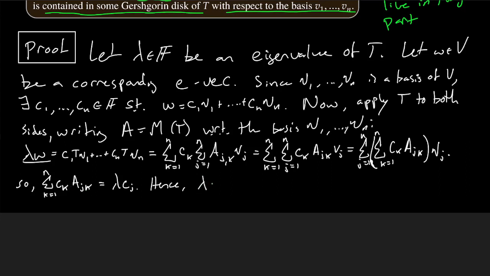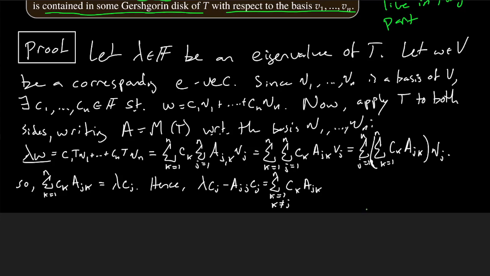Lambda c_j minus a_jj c_j is equal to the sum from k equals 1 to n with k not equal to j of c_k a_jk.